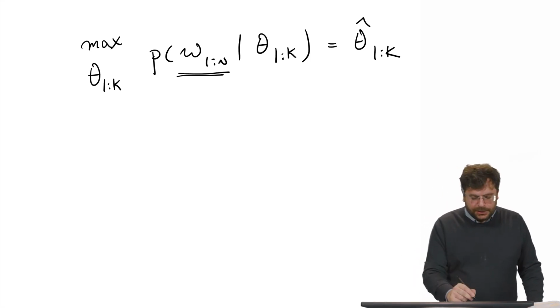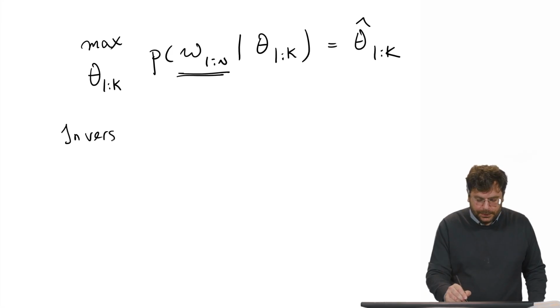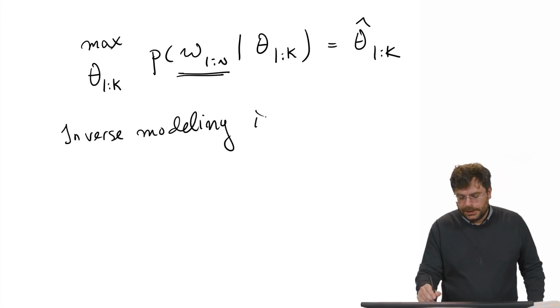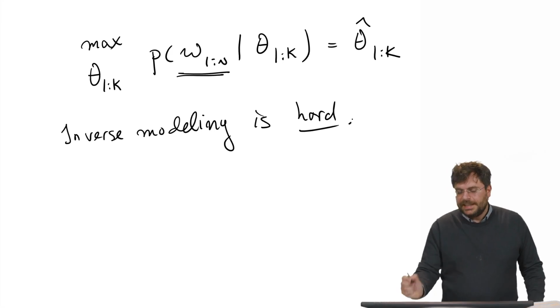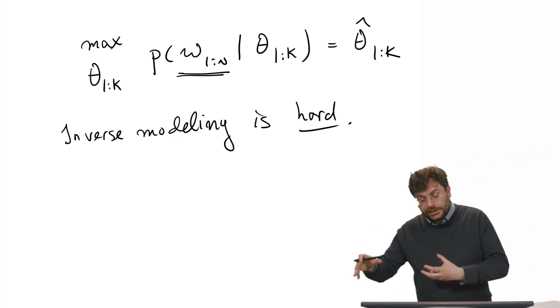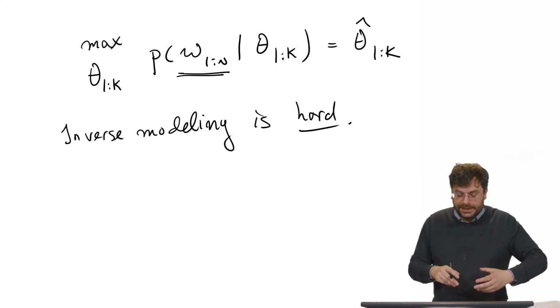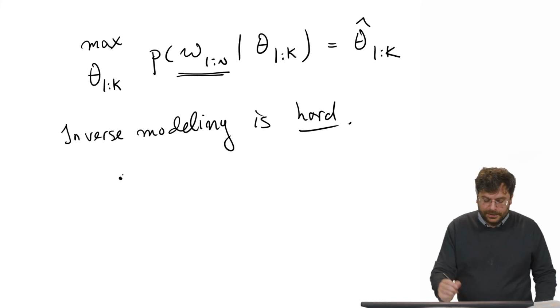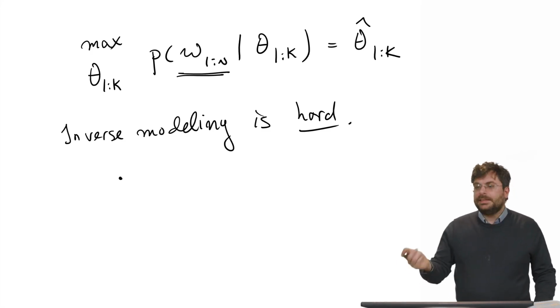Inverse modeling in general is hard. It's easier to come up with the causes, make predictions, and compare those to data. Taking the data and trying to infer the causes is hard. And you can ask the question, why is it hard?